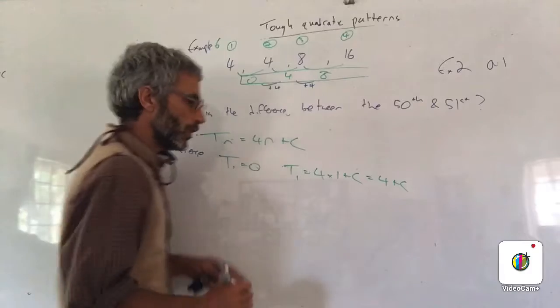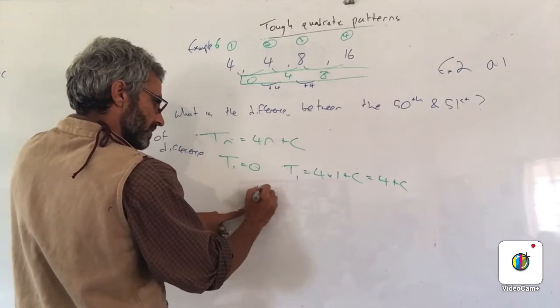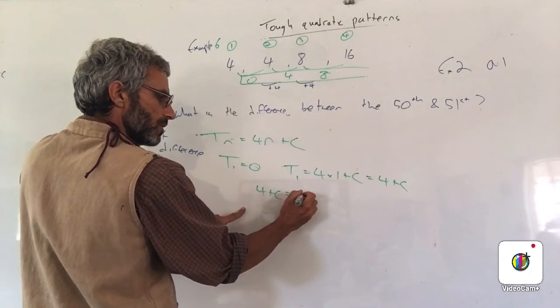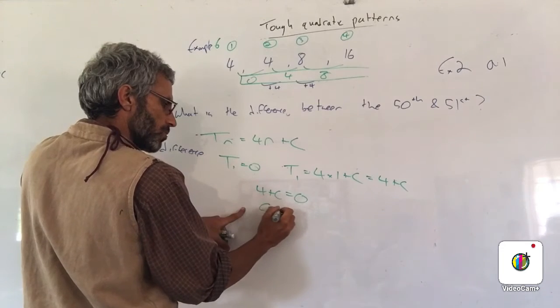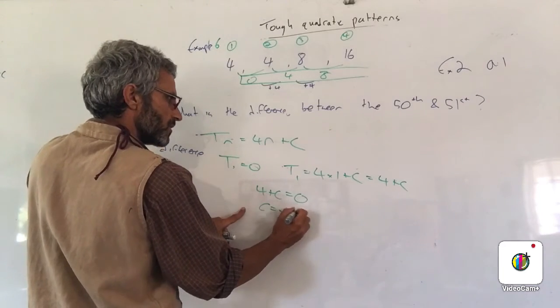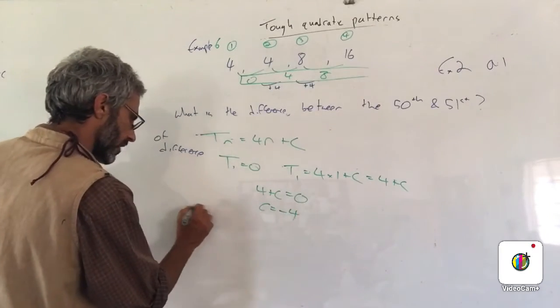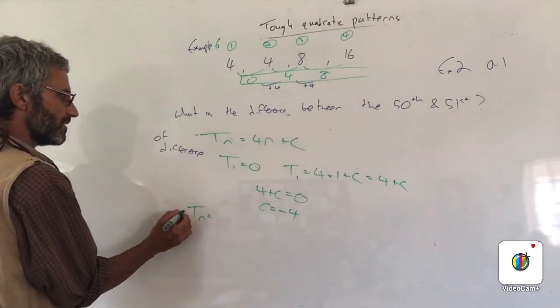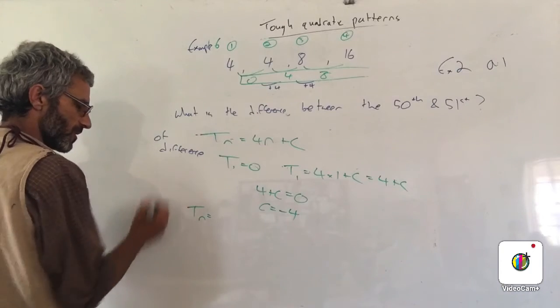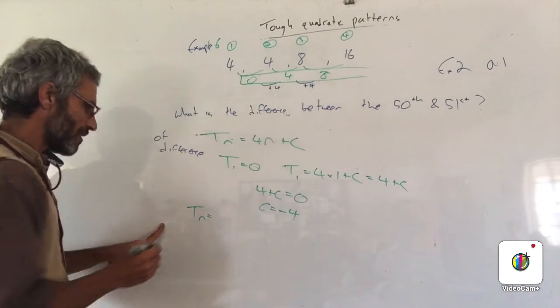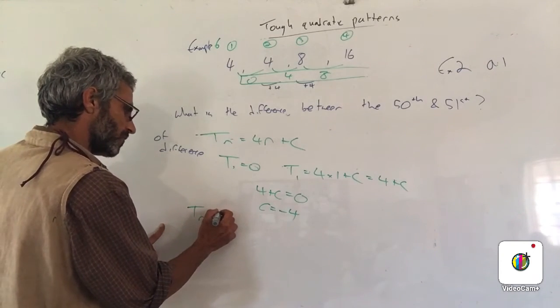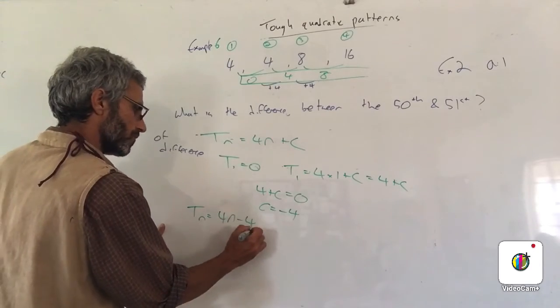So now I can combine these to say that 4 plus c equals 0. In other words, c is equal to minus 4. So now the nth term for the differences is 4n minus 4.